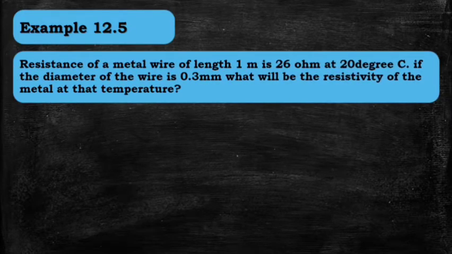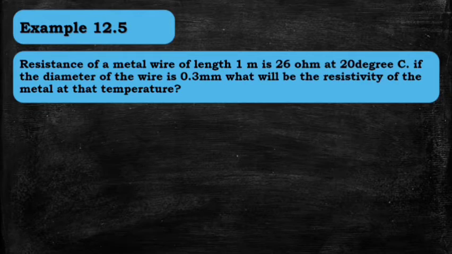Let us solve another example. The resistance of a metal wire of length 1 meter is 26 ohms at 20 degrees Celsius. We said that resistance of a material will vary at different temperatures.